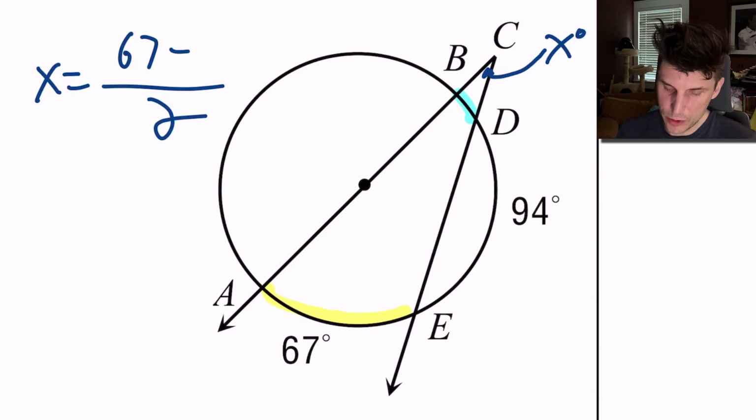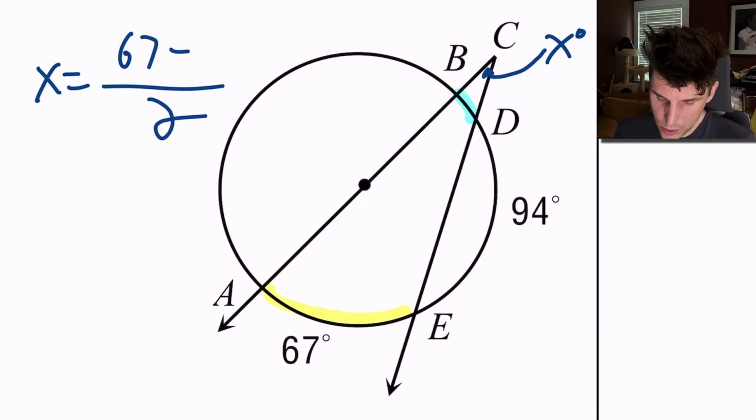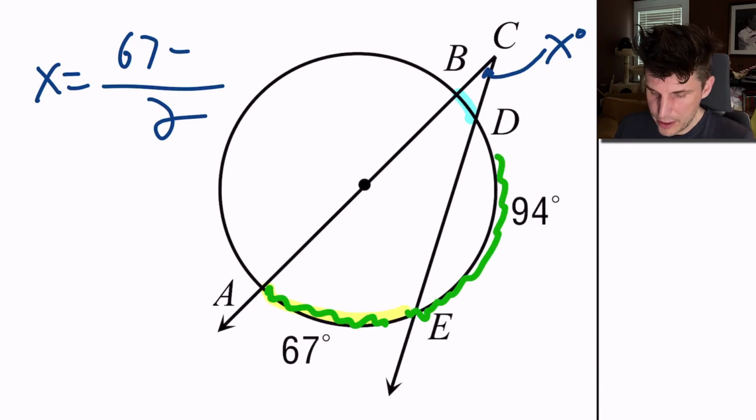All right, so welcome back. If you said, hey, this guy right here is a diameter, and a diameter cuts a circle into 2 equal parts, aka semicircle, aka 180 degrees, right? Then you could say, well, if we have 67 degrees of arc here, and then another 94 here, how much is remaining there?